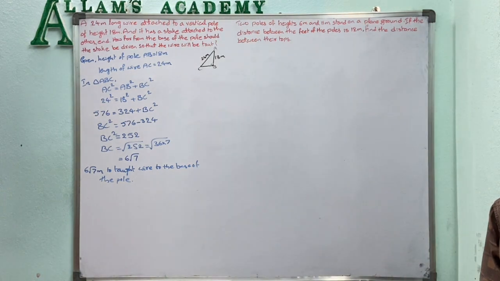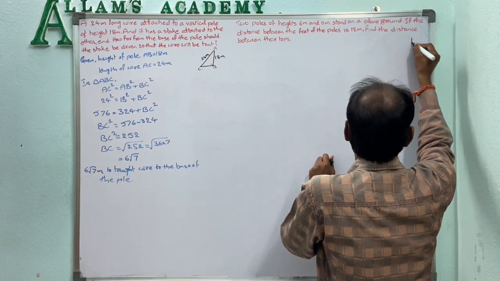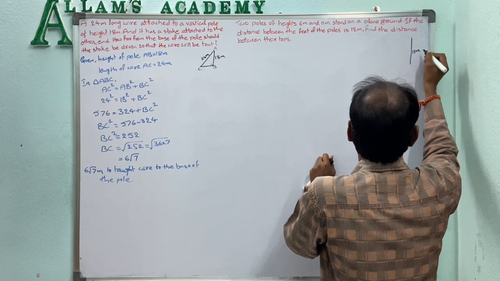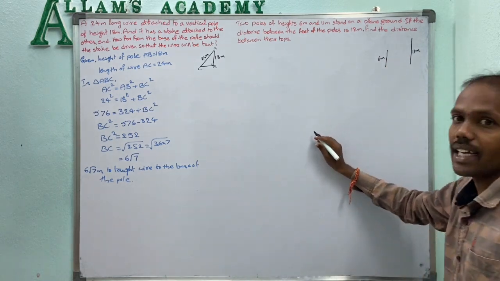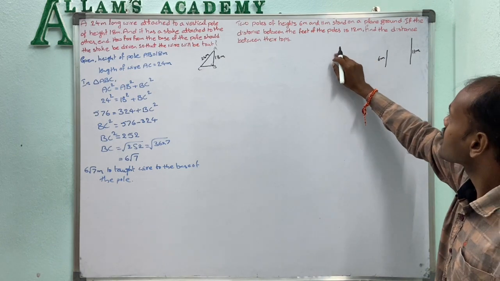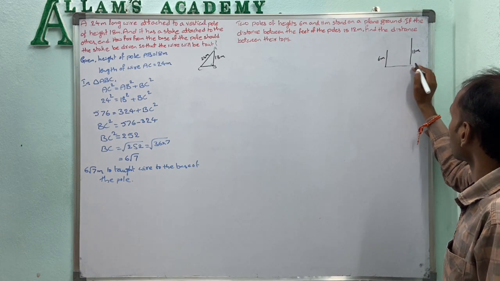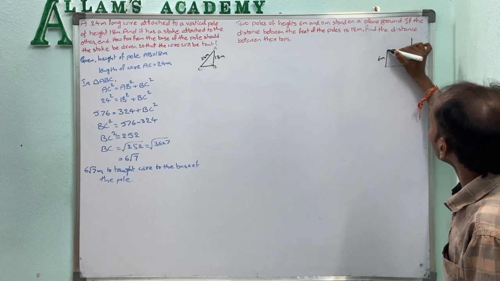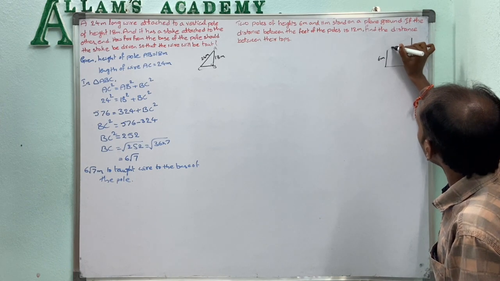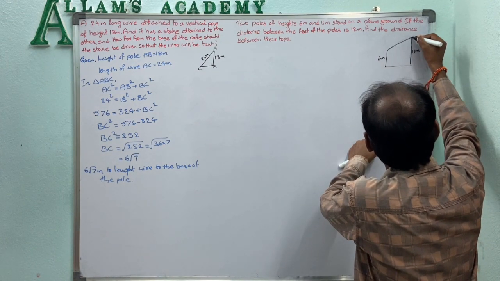So here we are given two poles of height 6 and 11 meters, and both stand on the same plain ground. Now find the distance between their tops.